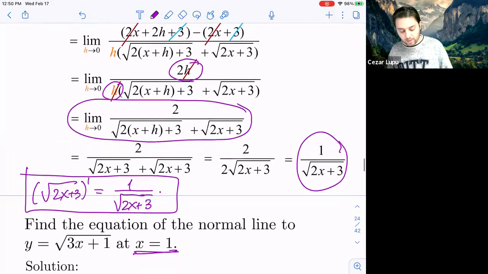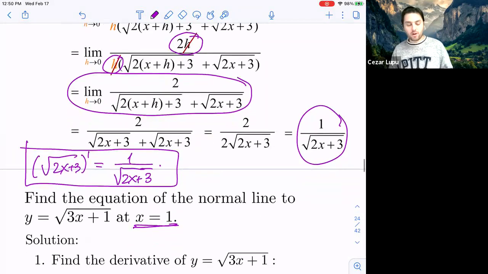All right, so what do we need to do? First of all, step one: when you hear anything like find the equation of the tangent line or find the equation of a normal line at a certain point, you always think of the derivative, the first derivative of the function, always, right?